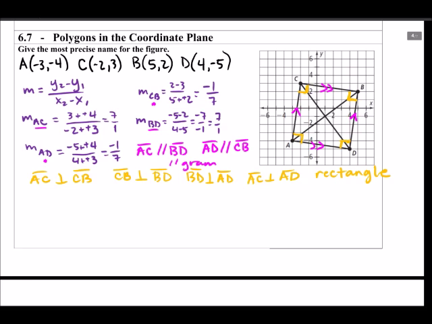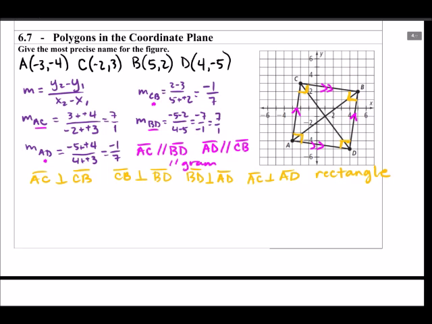What's the next thing we can do? Well, our only other option is we could possibly turn this into a square, right? It kind of looks squarish, doesn't it? We don't get to assume anything, but it kind of looks like it could be a square. So how do we prove a square?